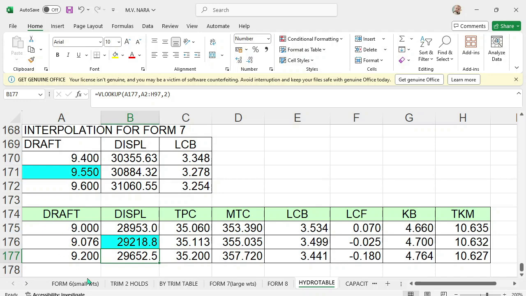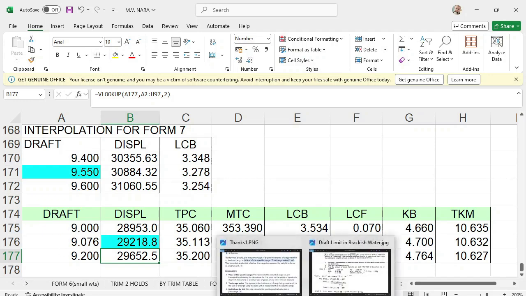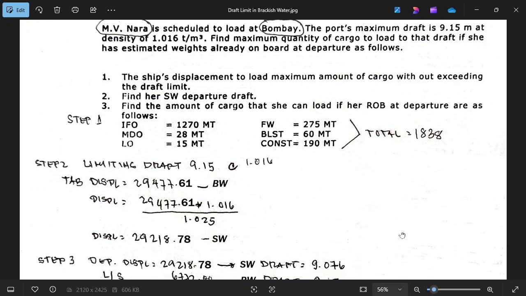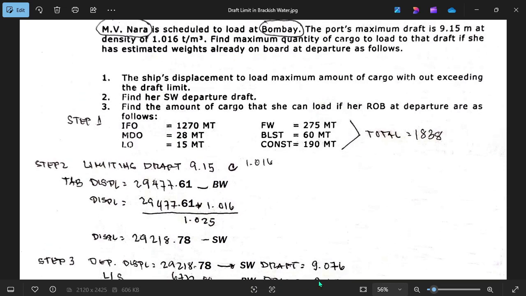This will be in salt water. Take note, guys. Draft now in salt water is 9.076. And look at the draft in brackish water. In brackish water, the draft is 9.15, which is deeper than salt water at 9.076. And look at the displacement. This displacement is bigger than the displacement in salt water.